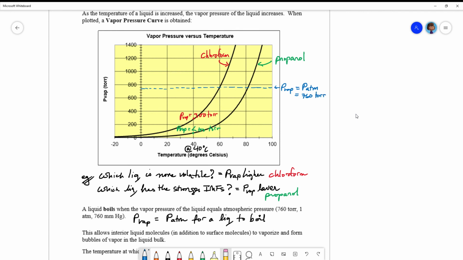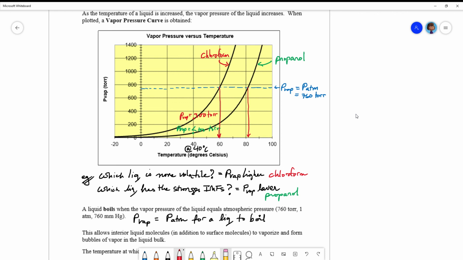Now, the temperature at which this occurs for each liquid is that liquid's boiling point. So for chloroform, the temperature at which chloroform's vapor pressure equals the pressure of the atmosphere is roughly 60 degrees Celsius. And for propanol, right here where it intersects, the temperature at which the vapor pressure of propanol equals atmospheric pressure is a little bit above 80.